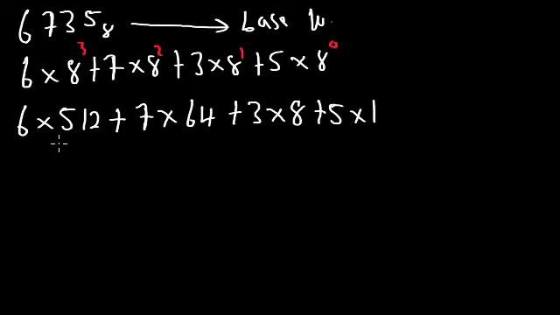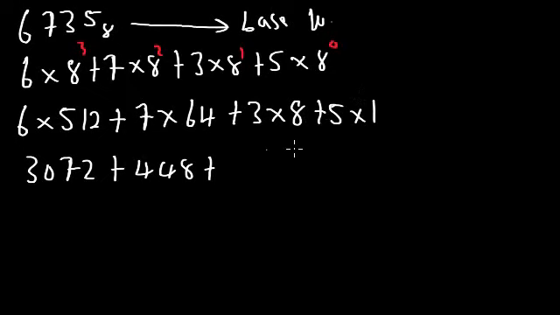So 6 times 512, that's 3072. Then plus 7 times 64. 7 times 64 results in 448. Then finally, I'm adding that to 3 times 8. 3 times 8 will result in 24, and 5 times 1 will result in 5.